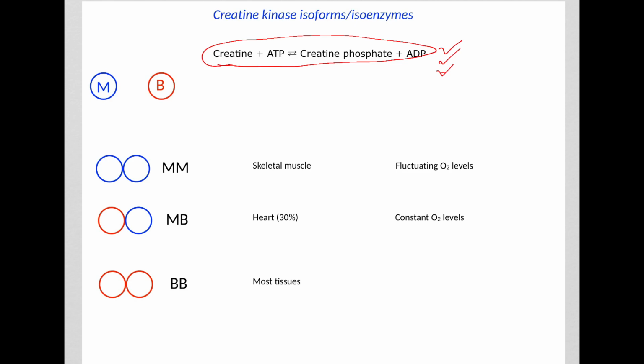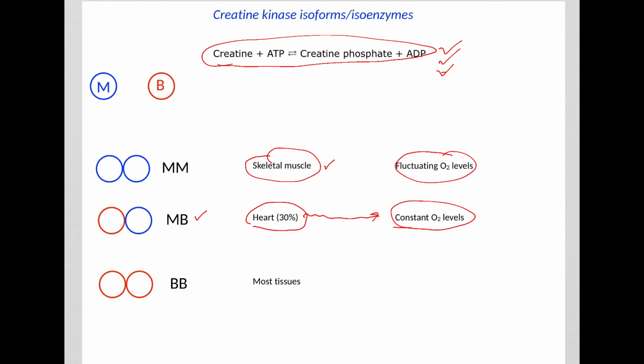Well, we believe that the MM isoform is more predominant in skeletal muscle. Probably it works better because the oxygen levels in skeletal muscle fluctuate quite a bit. On the other hand, in the heart, where we have predominantly MB, there are constant oxygen levels, so maybe MB works better under constant oxygen levels, while MM is more effective under fluctuating oxygen levels.